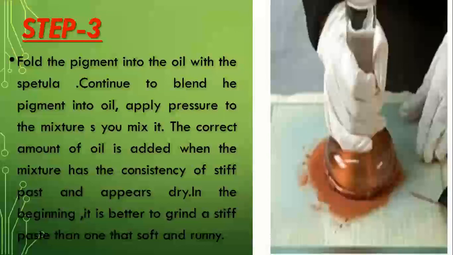In the beginning, the paste is very important because a stiff paste gives us an idea of how much paint is required to maintain the amount of pigment and oil.